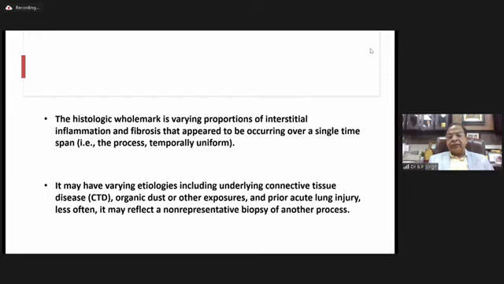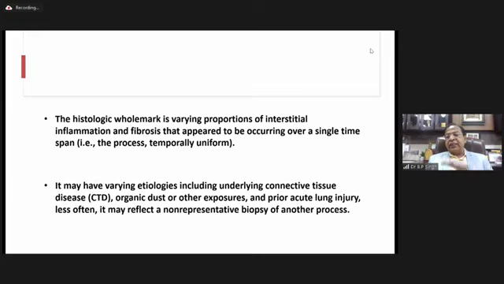The process is temporally uniform. As Bhavin has already mentioned in his presentation, it is a homogeneous form of the disease. It may have varying etiologies, including underlying connective tissue disease, which is very important, and organic dust or other exposures, and prior acute lung injury. Less often, it may reflect a non-representative biopsy of another process.